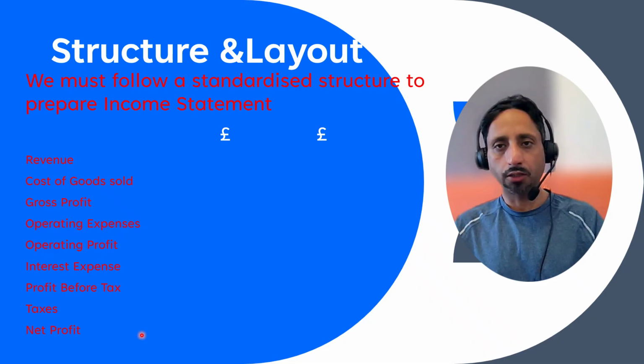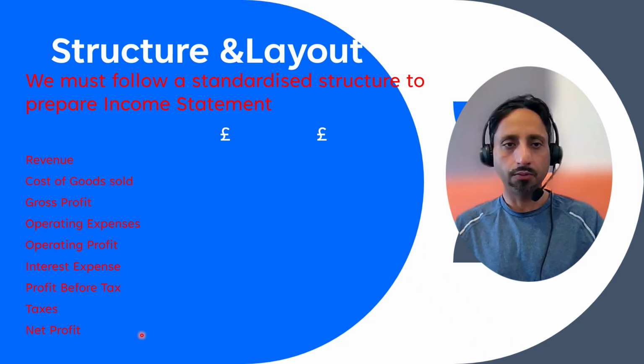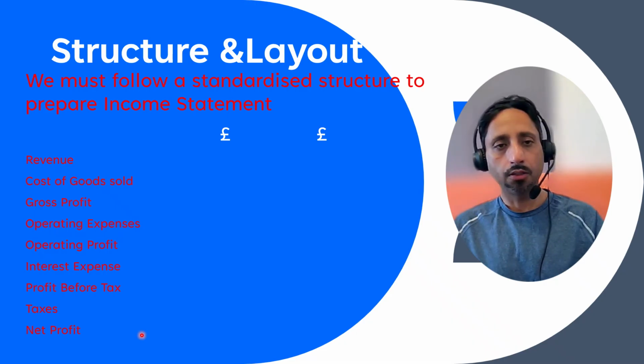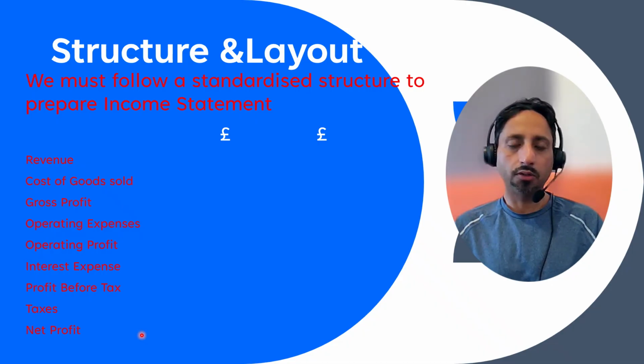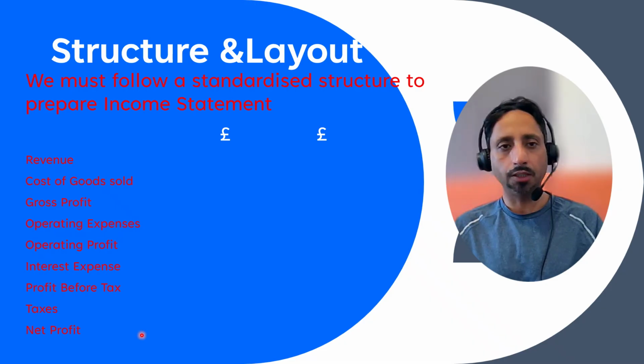In a US based one, it will be in a tabular form, but in UK based, it's just the structure which I am showing. But the main thing is that the order will remain the same. The logic will remain the same. That revenue will come first, then the cost of sales, then the gross profit, and so on.